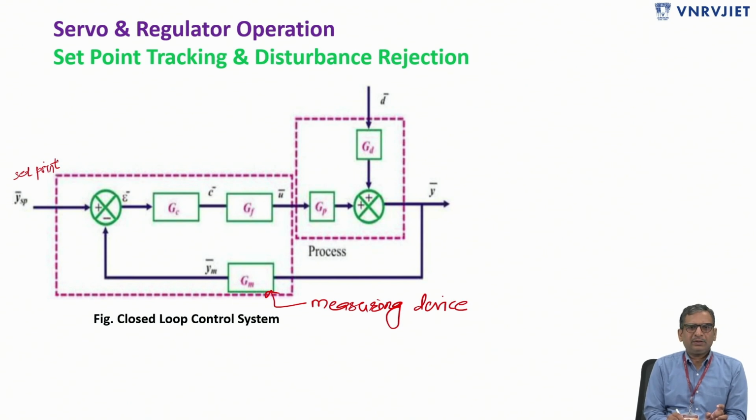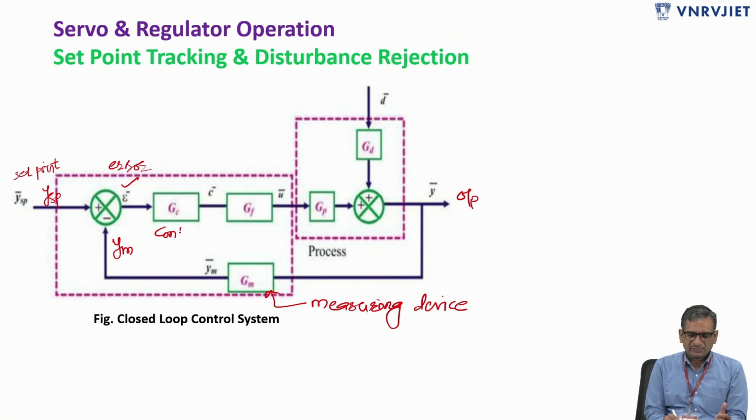Say the measured value that we are getting from the sensor has a signal YM, whereas the set point is YSP. The difference between the set point and measured value is the error, and that error is given here. This error is a signal which is given to the controller. So the controller has to modify the error such that the output reaches the set point.